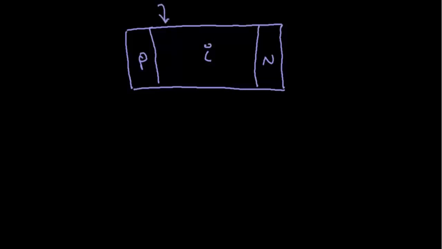So now, as it can be seen, there will be more photons entering, and we will have a stronger electric field. Of course, this is also reverse bias.